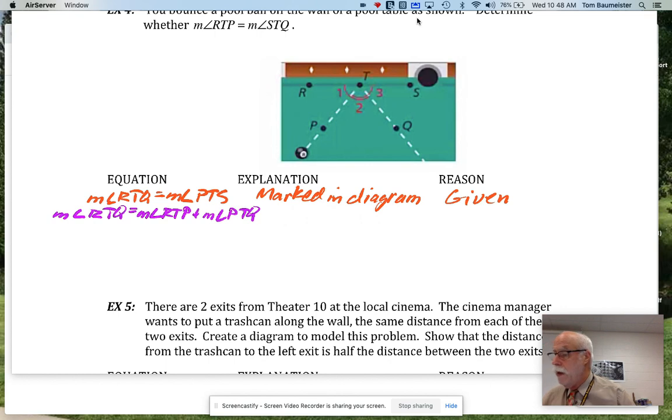And that would be by the angle addition postulate.